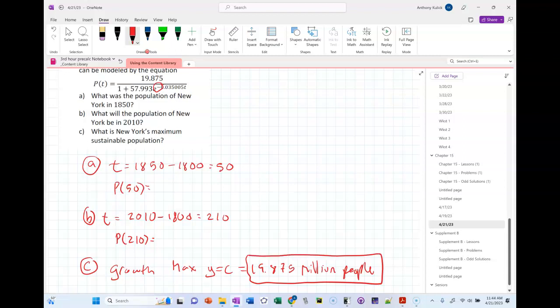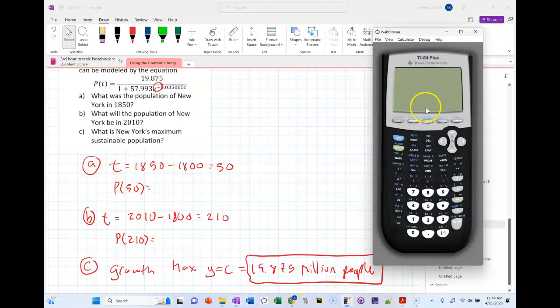Okay, let's go back and get those other values that we actually had to use the calculator to get. Rather than typing these in, I'm going to just type in the function into my calculator and then have it insert those values. Since I have to do it more than once, it's probably easier than trying to type it into the main screen of my calculator, although you could do it that way. There's nothing wrong with doing it that way.